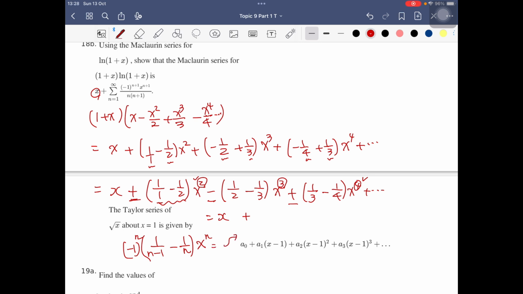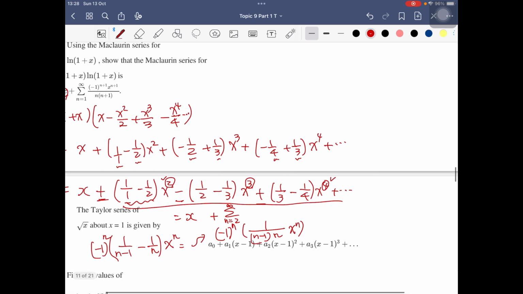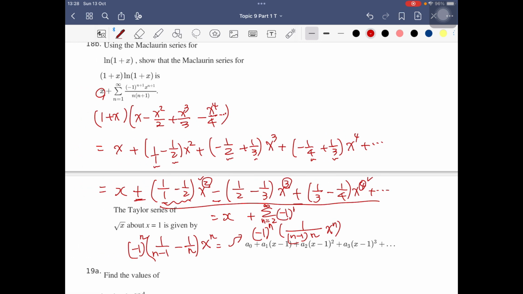So when we simplify, this is the nth term: negative 1 to the power of n, x to the power of n over n. So sigma, n starts from 2 to infinity, negative 1 to the power of n, x to the power of n over n.